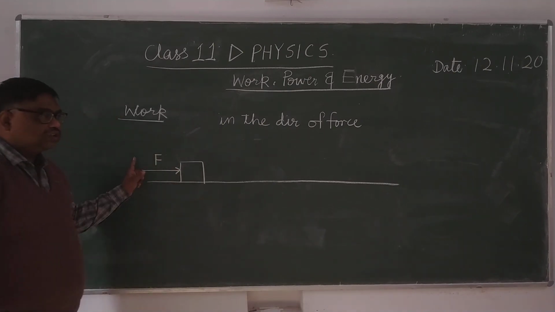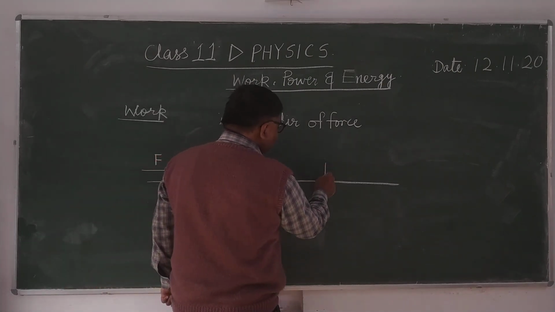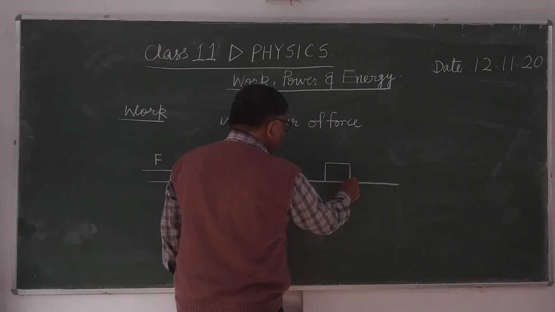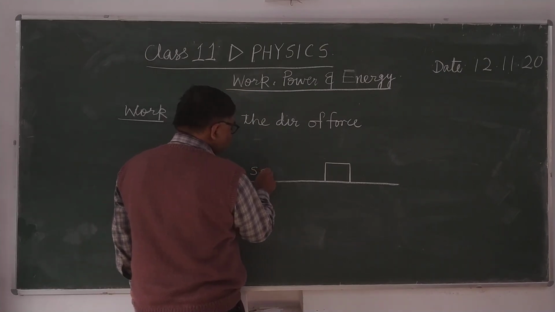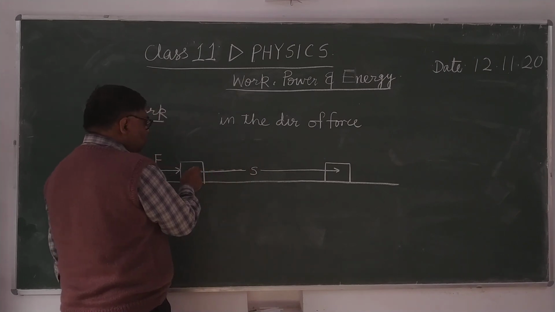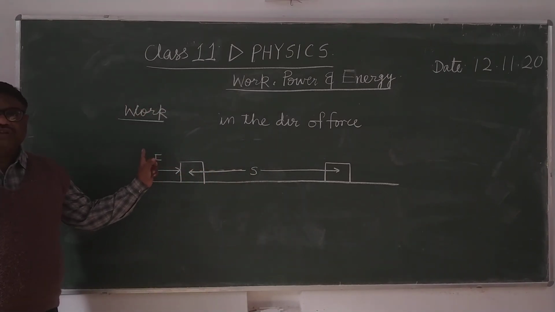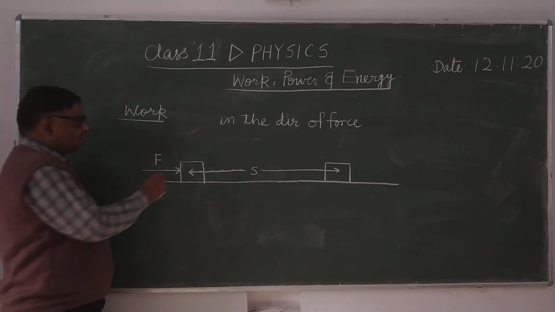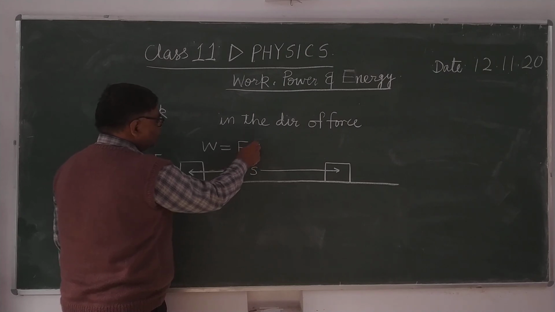On applying force F, it has displaced by distance S in the direction of force. Then what will be the amount of work done? The amount of work done will be equal to the product of force and displacement in the direction of force, that is F into S.